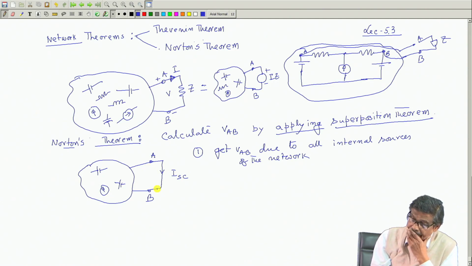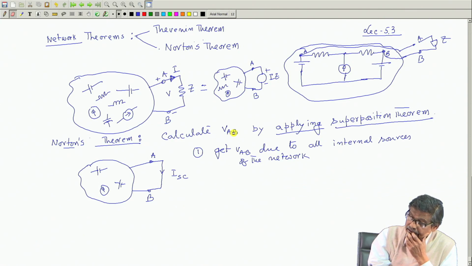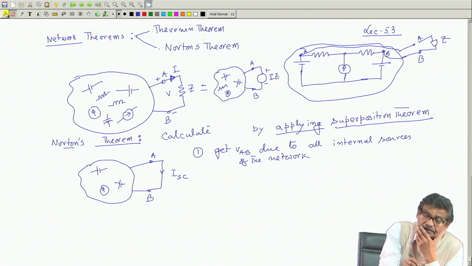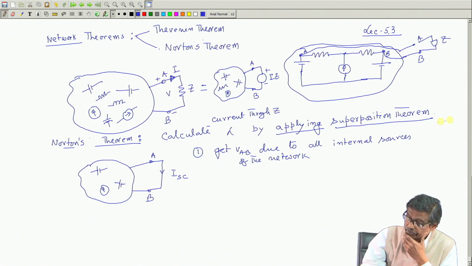Then I will write here, calculate current through Z by applying superposition theorem.